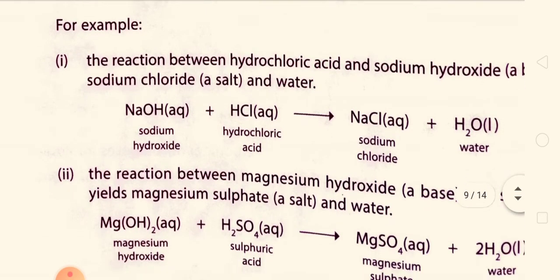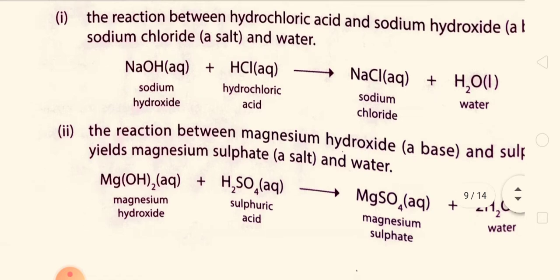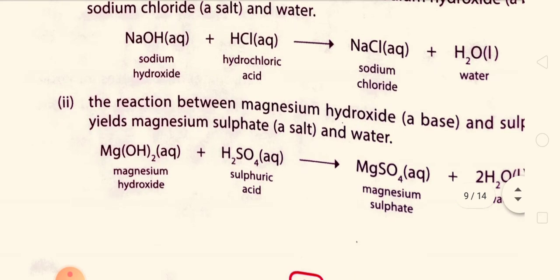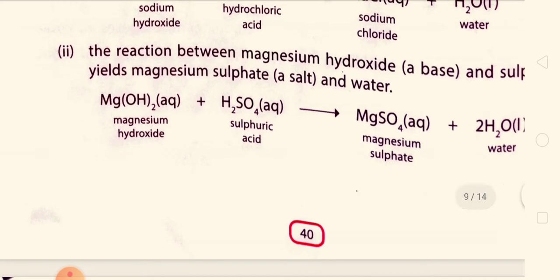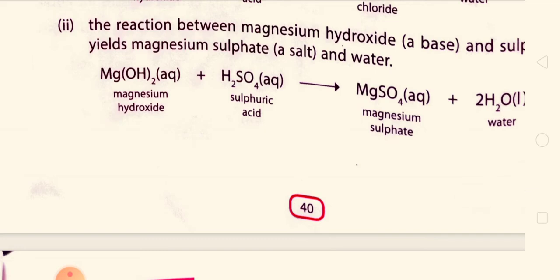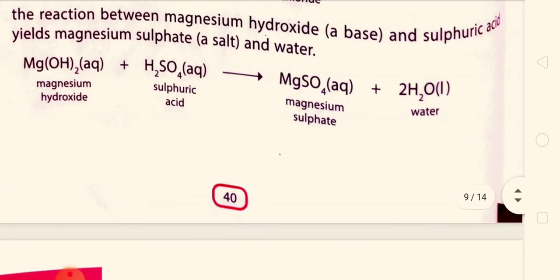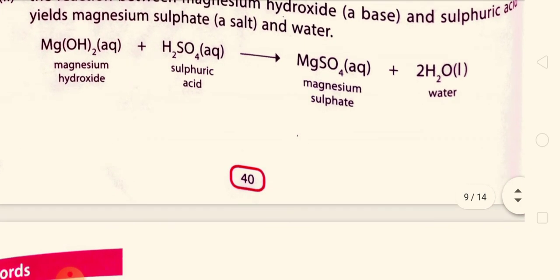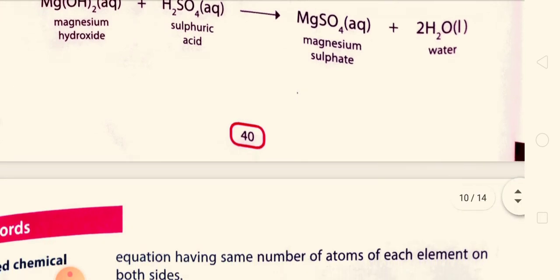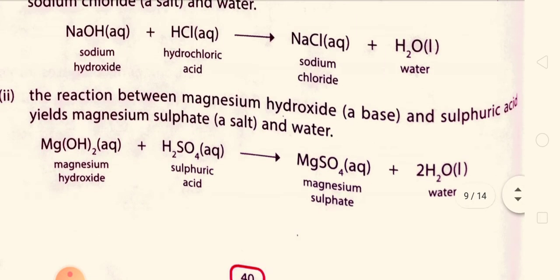One example is sodium hydroxide plus HCl acid reacting with each other and forming sodium chloride, common salt, and water. A second reaction is between magnesium hydroxide, that is a base, and sulfuric acid. Sulfuric acid, the strongest acid, when combined with magnesium hydroxide forms magnesium sulfate and water. I think you have understood today's class.